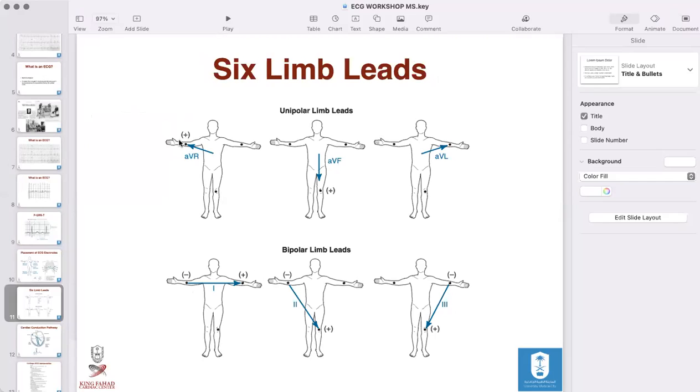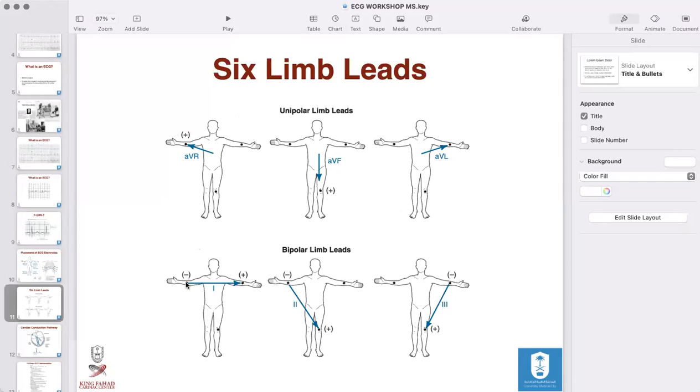So AVR on the right arm, AVF on the left leg, and AVL on the left arm, sorry. Those are called the unipolar limb leads. The bipolar limb leads, which are 1, 2, 3, represent the summation between the leads.